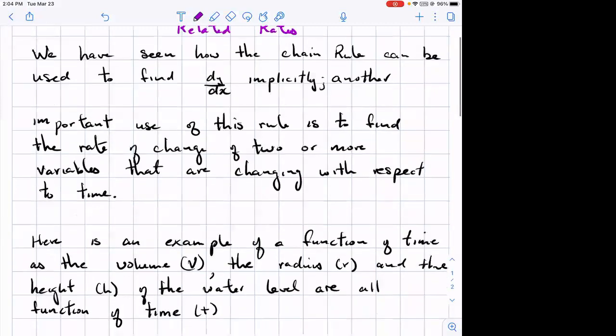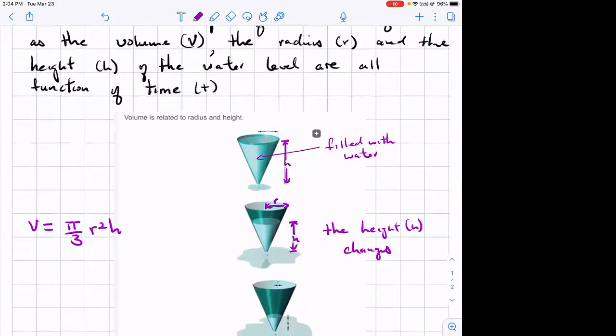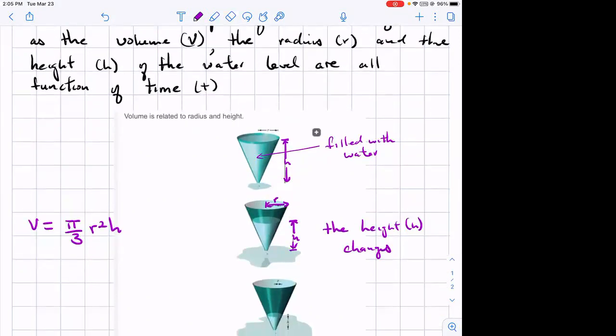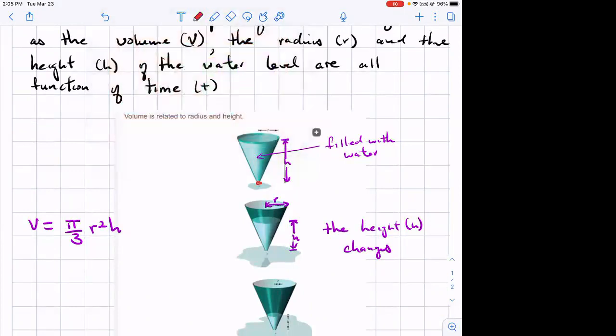And the example we started looking at the last time was if we have some sort of a conical device or shape and we fill it with water, the volume, the radius, and the height will change over some period of time, right? If there's a hole in the bottom of the cone, as water is falling out of that hole, the height of the water changes over time, and so does the radius.